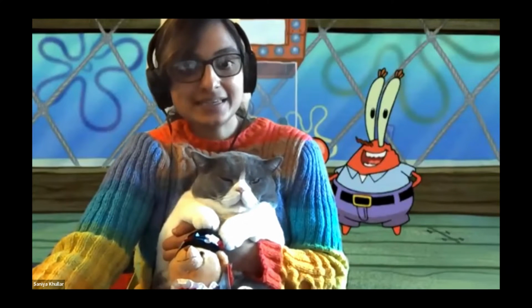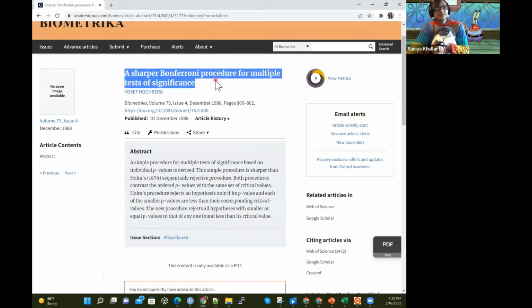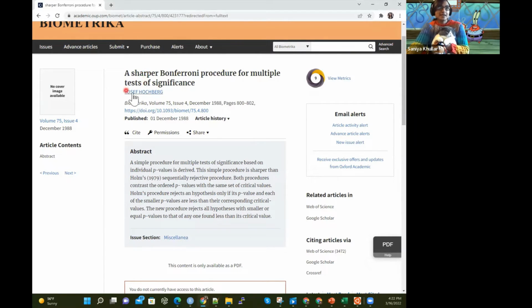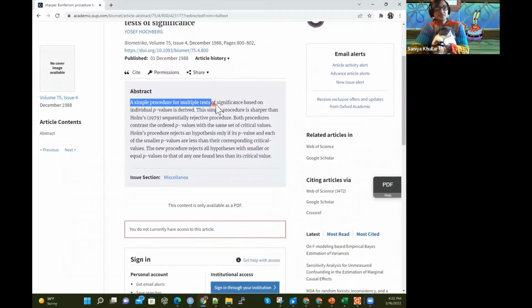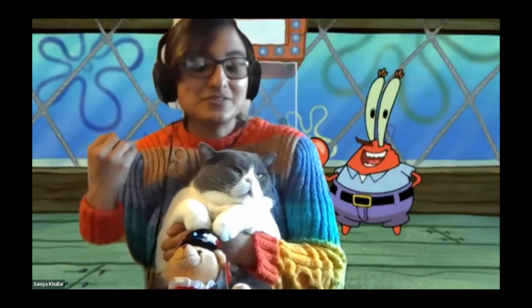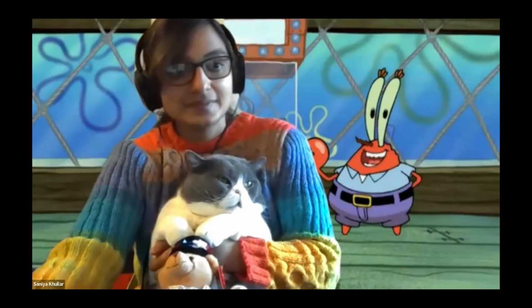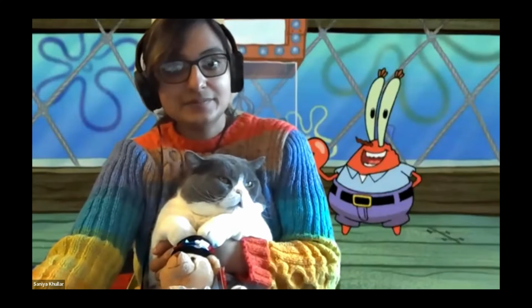It was published in Biometrika, and it's called a sharper Bonferroni procedure for multiple tests of significance, by Yosef Hochberg. So they say it's a simple procedure for multiple tests of significance. That's what our p-values are. Each of them is a test. In our case, each p-value is a different gene that we're testing. Is this gene differentially expressed between the severe COVID patients and the non-severe patients? It is a test.